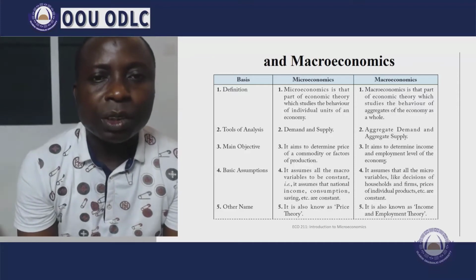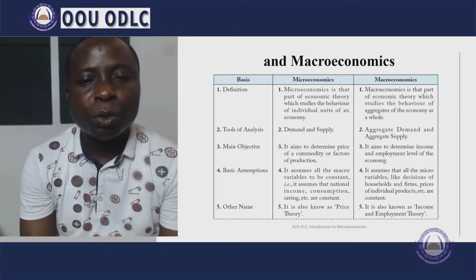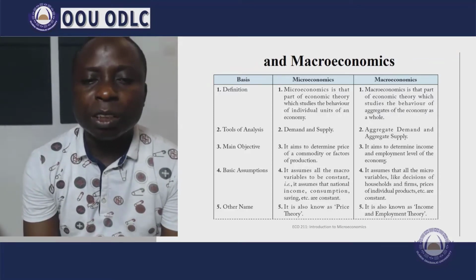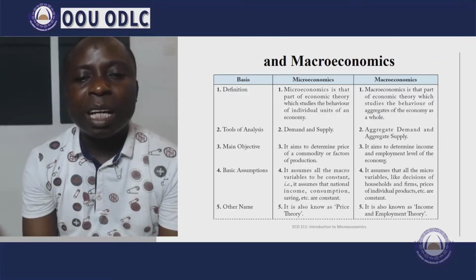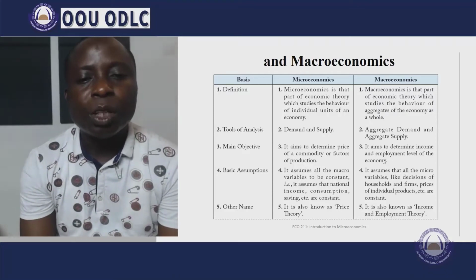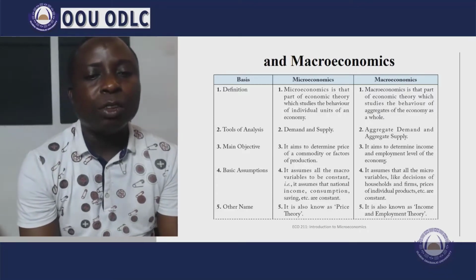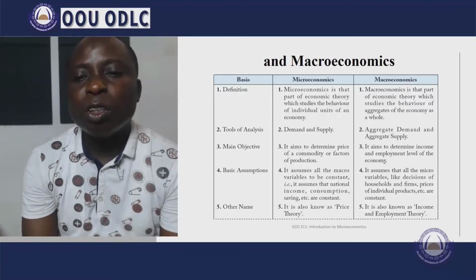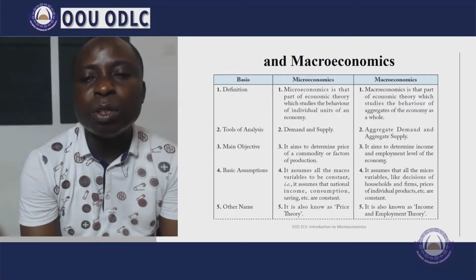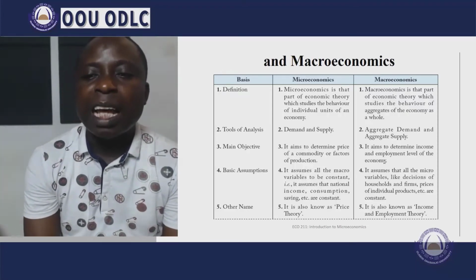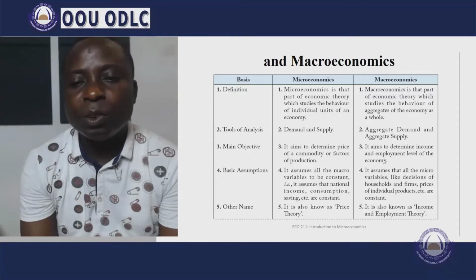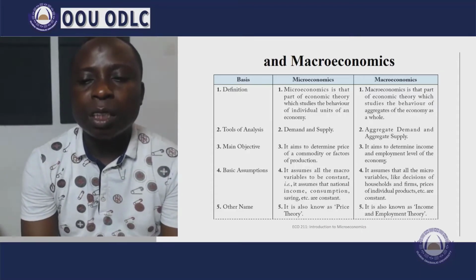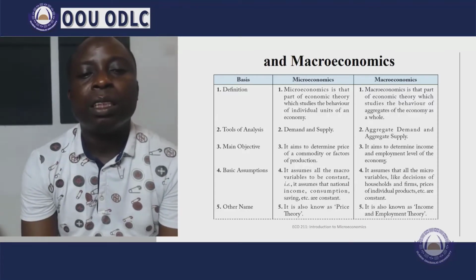By assumptions, microeconomics assumes that all the macro variables are constant. That is, it assumes that national income, consumption, savings, and so on are constant, while macroeconomics also assumes that all the micro variables, like decisions of households and firms, prices of individual products, and so on, are constant.